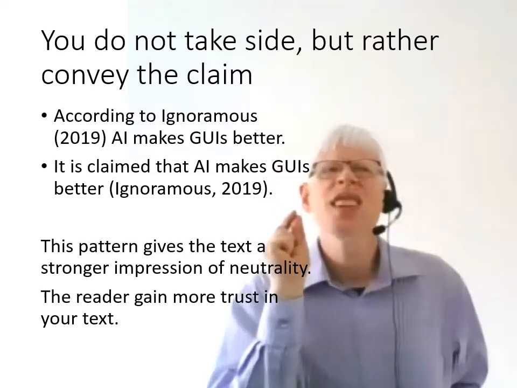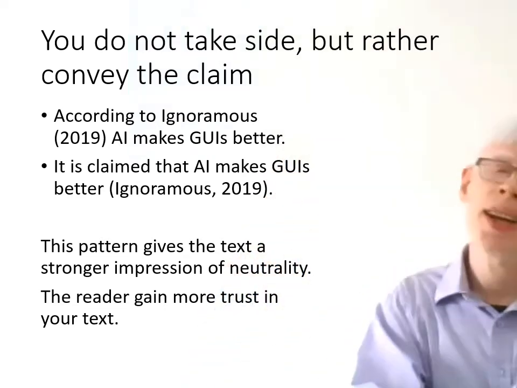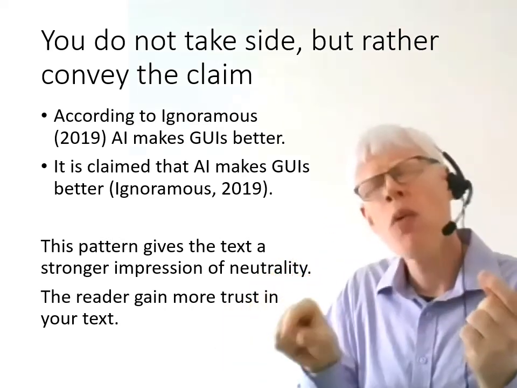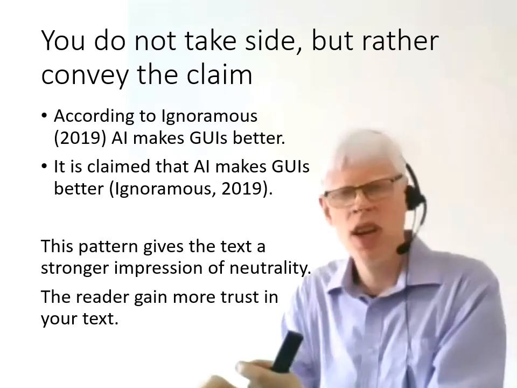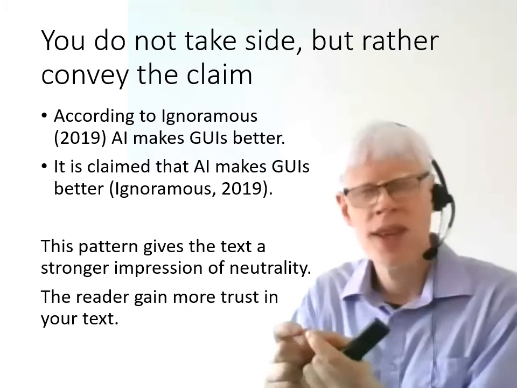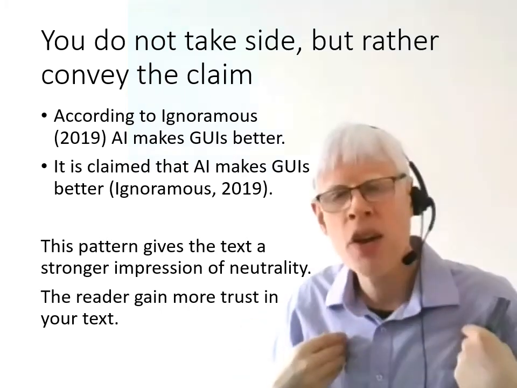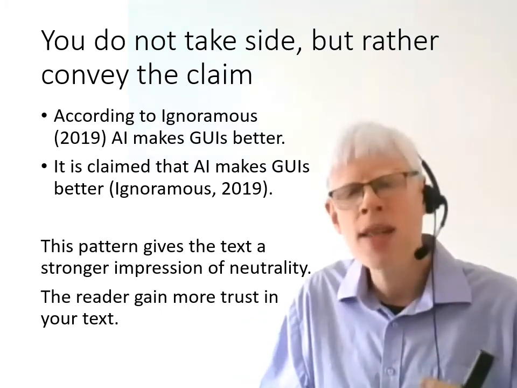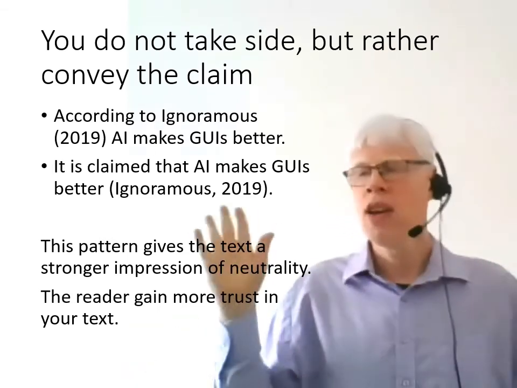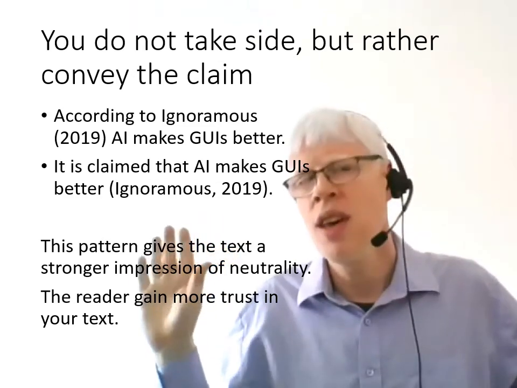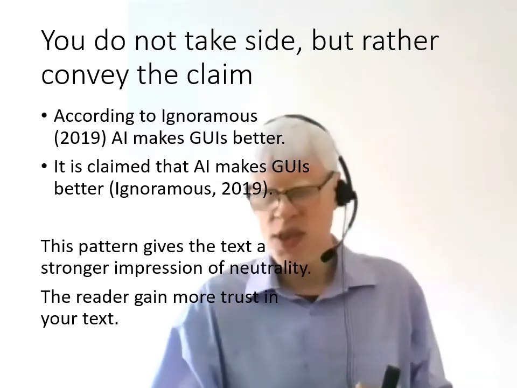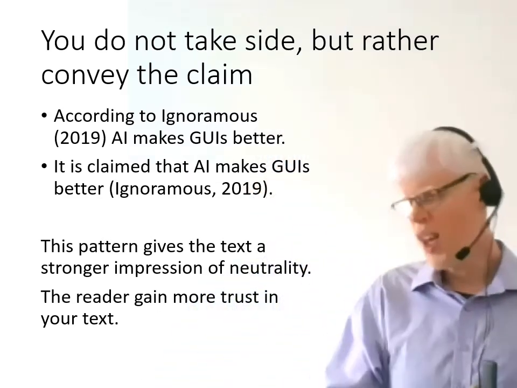If we look at these compared to the previous claim, here we see that according to, we are pushing the responsibility to Mr. Ignoramus here that AI is better than GUIs. We are not necessarily agreeing with it. We're just saying this guy did say this. That has been claimed, but I don't reveal my opinion about it. And that means that the reader can say, oh yeah, this person found a reference to that. Okay, I think that was a stupid claim, but okay, somebody said that.